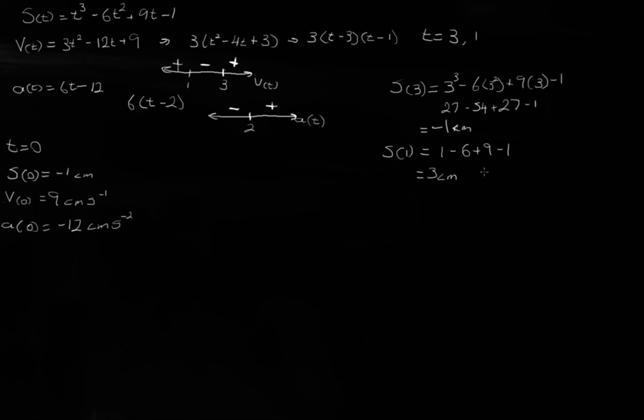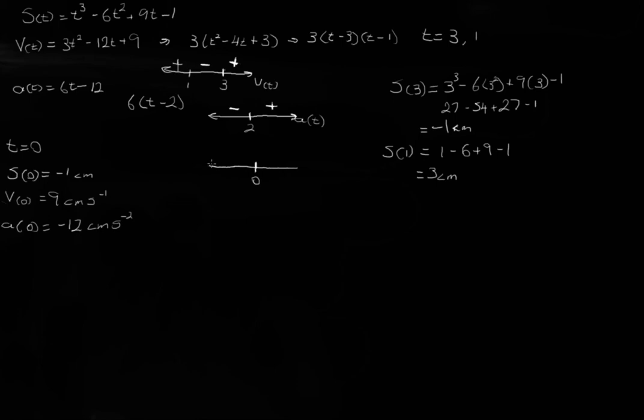Alright, so what this tells us is that the particle changes direction when it's 3 centimeters to the right of the origin. Remembering, if we're thinking about it, if you have our origin here, let's call it O. If it's to the right, it's positive.